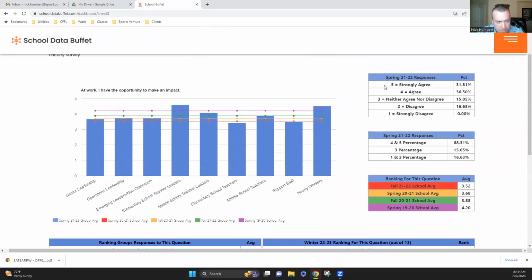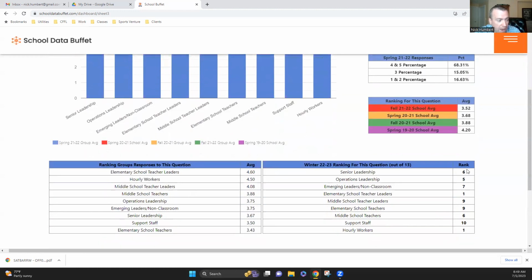It followed the same strongly agree to strongly disagree, gives you the same percentage. And then here we broke it down, 5 being strongly agree, down to 1 strongly disagree, and we put that on a 5-point scale.